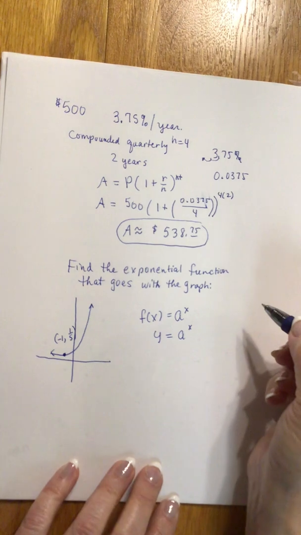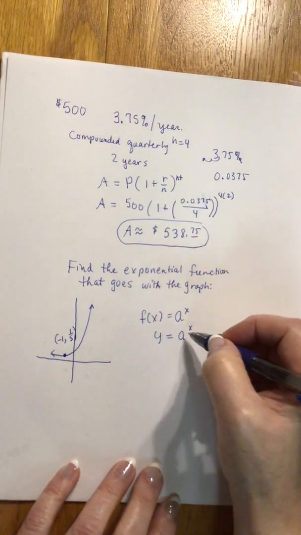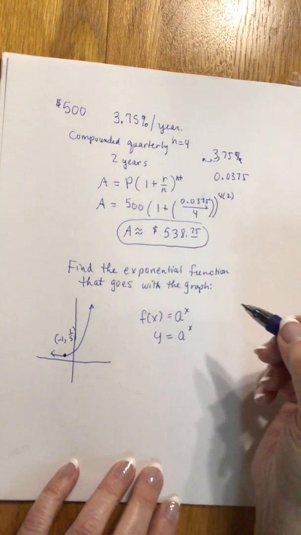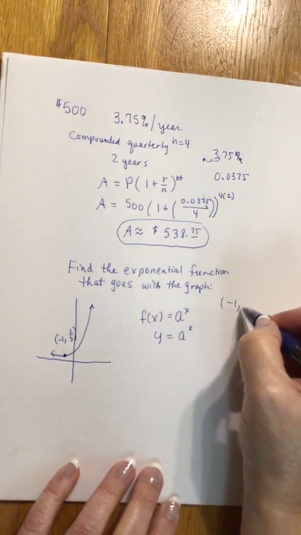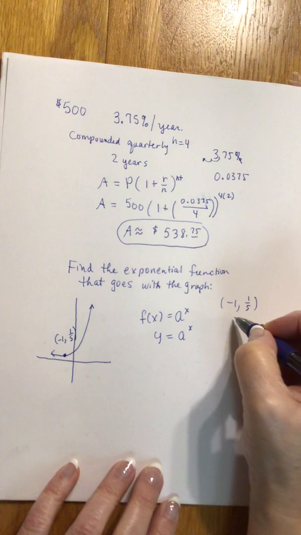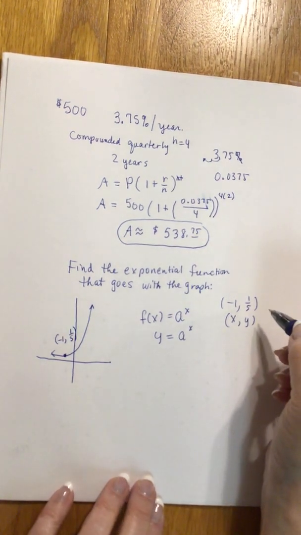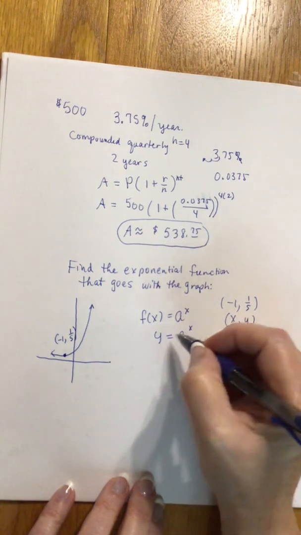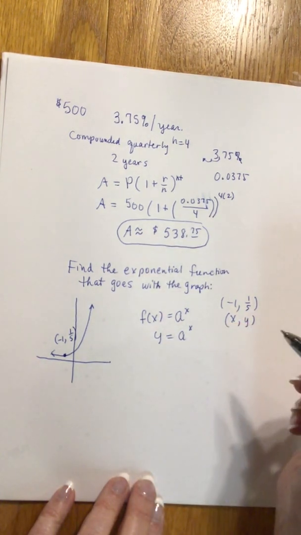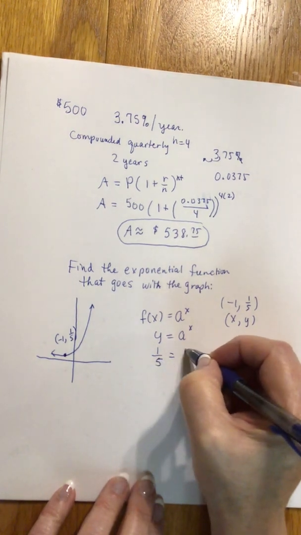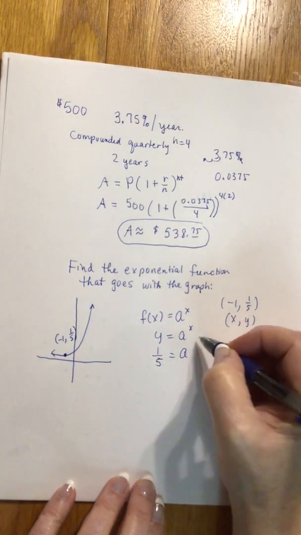So our job is to find the a that makes this into an exponential function like that graph. My (-1, 1/5) is an ordered pair, x comma y, right? So we take x and y and plug them in. So y is 1/5, x is -1.